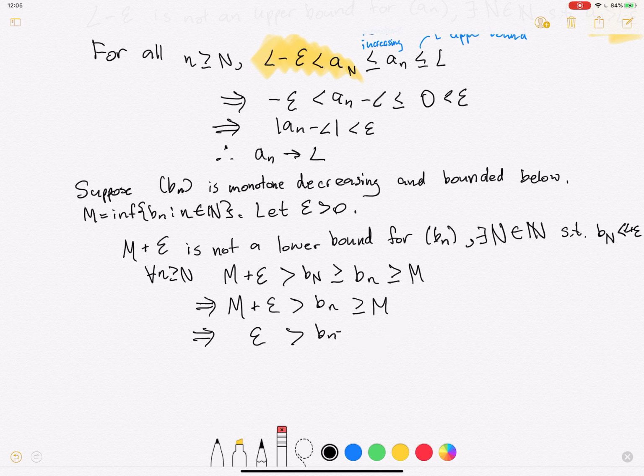Whoops, I didn't subtract it all. b_n minus m is greater than or equal to 0. And so.